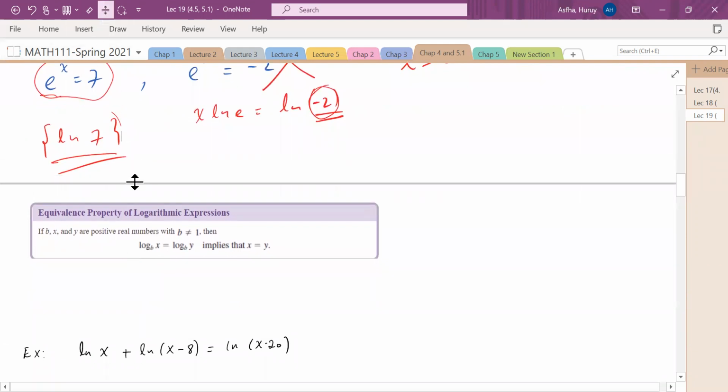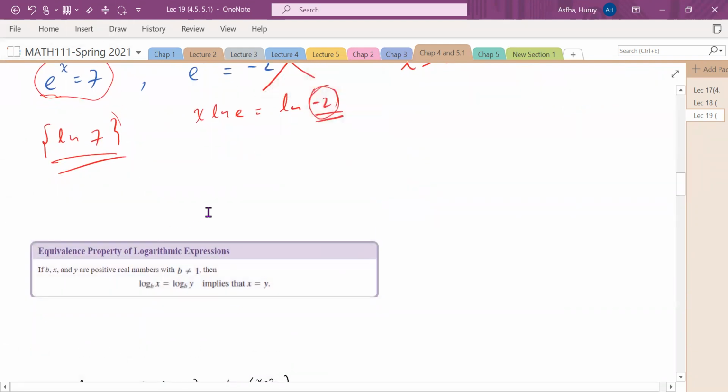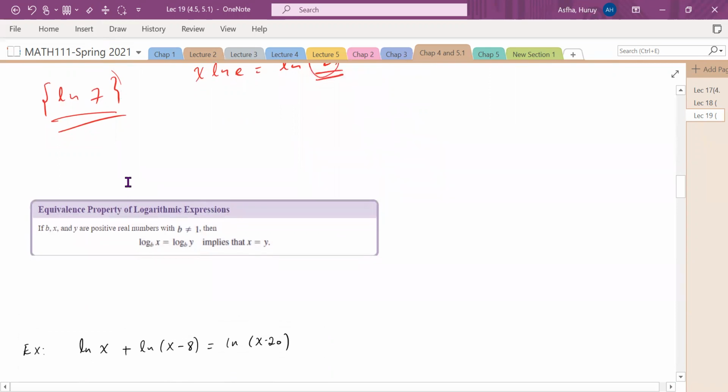And as with exponents, we have the equivalence property of logarithms as well. Again, if we have the same base on both sides, then x and y are the same, just like the exponential expression.